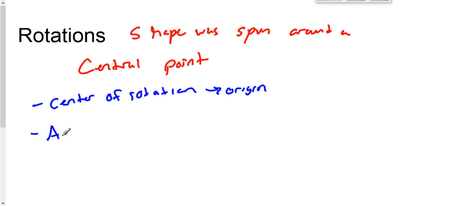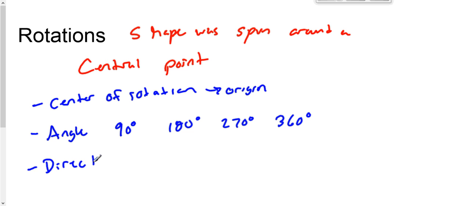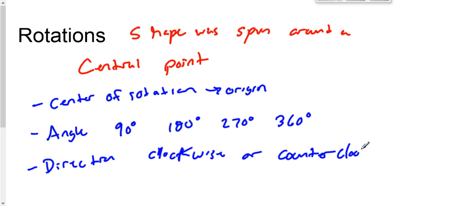You have an angle of rotation, 90 degrees, 180, 270, 360. And then we had a direction. Clockwise or counterclockwise. Which we will have CW, CCW.